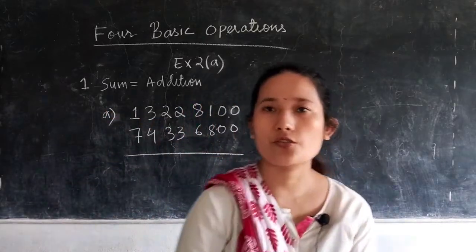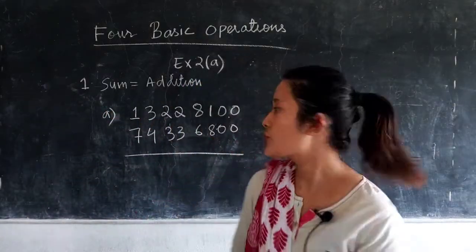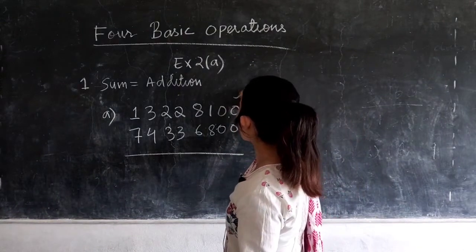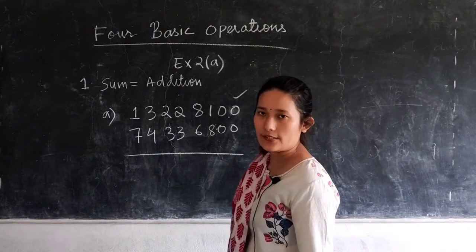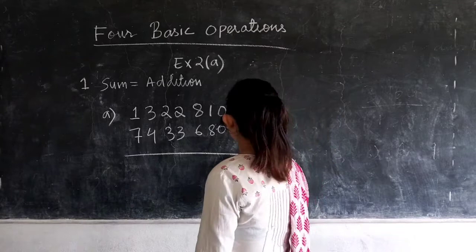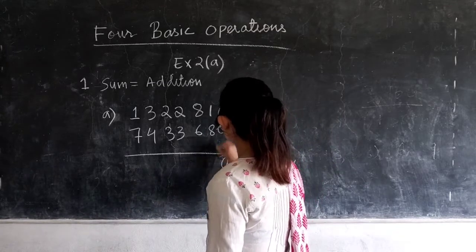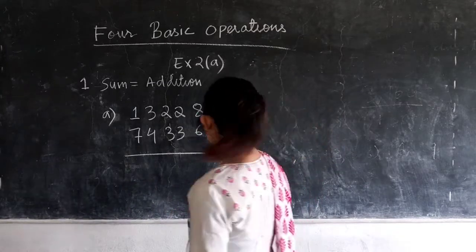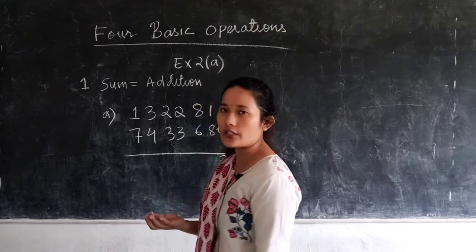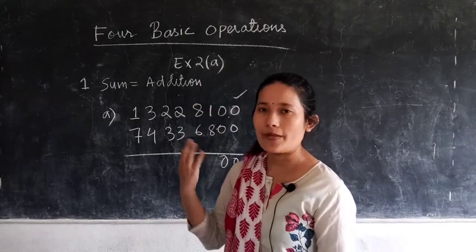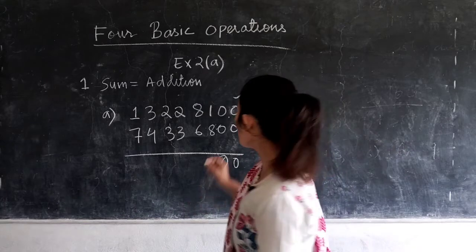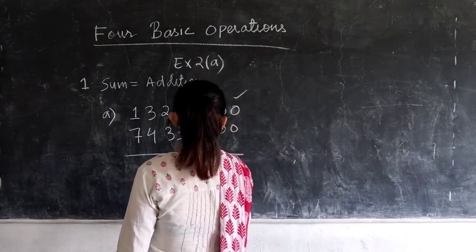Okay, so while adding, always start from ones digit, ones place. Okay, so 0, 0 means 0, 0, 0, 0. 8 plus 1, 9. You can either do finger counting, or if you can count mentally, it's okay.